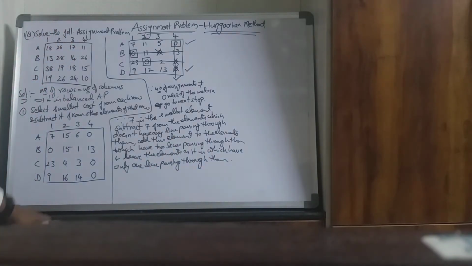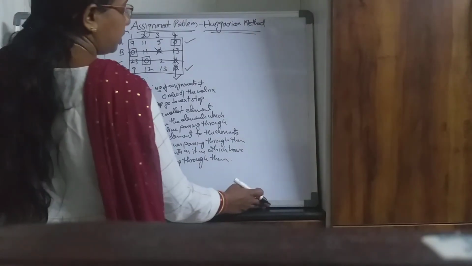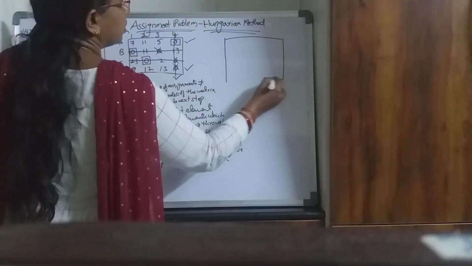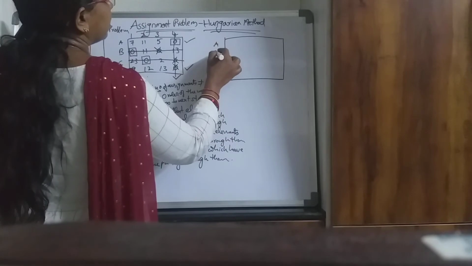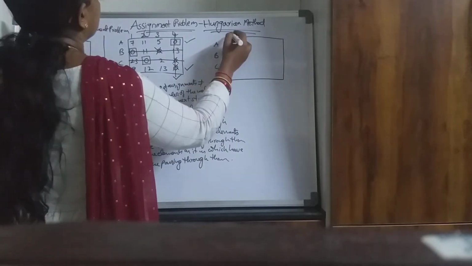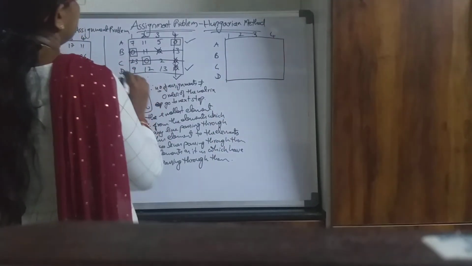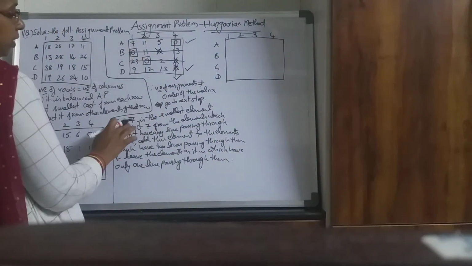Now with these operations, draw the table again. So what is the table now you will get? So here I have 7, 7 is the smallest element.